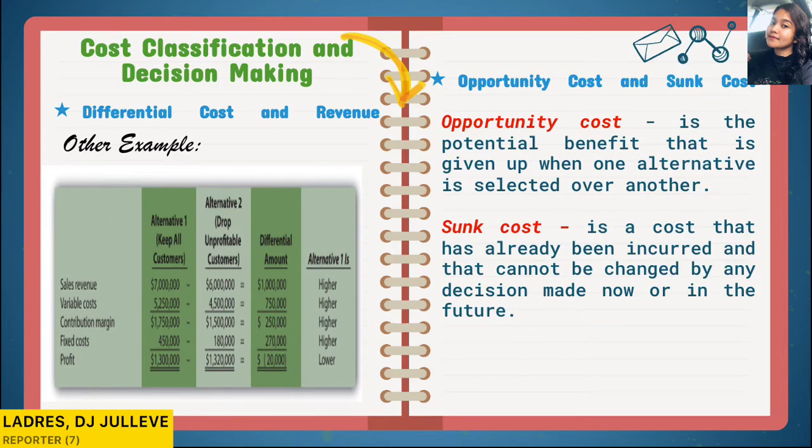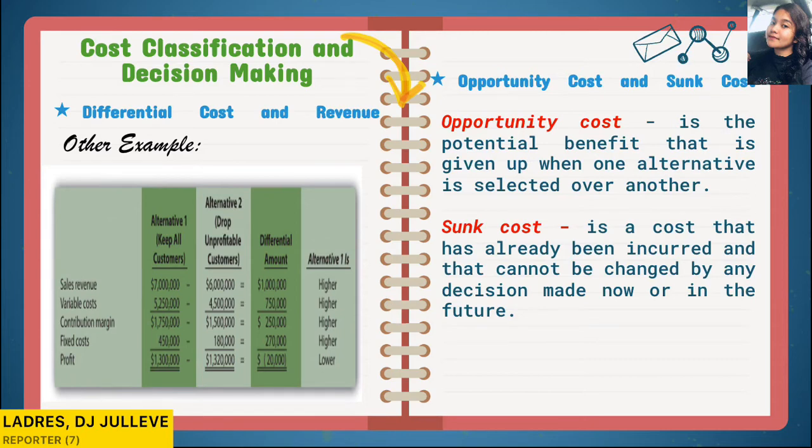For example, the differential amount of $1 million for revenue indicates Alternative 1 produces $1 million more in revenue than Alternative 2. The differential amount of $750,000 for variable costs indicates variable costs are $750,000 higher for Alternative 1 than for Alternative 2.